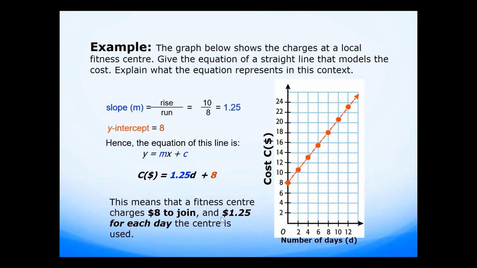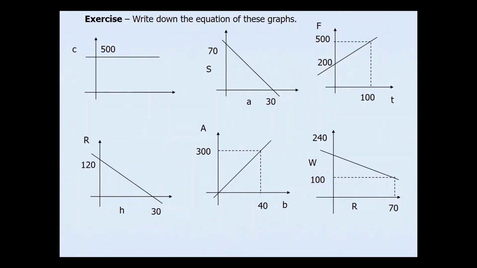And then the rate at which you will pay is $1.25 for each day at the center. Right, so please pause the video and have a look at this again, and hopefully this makes sense.